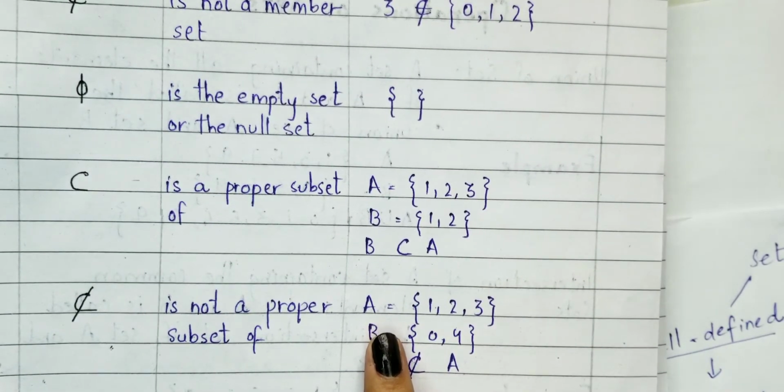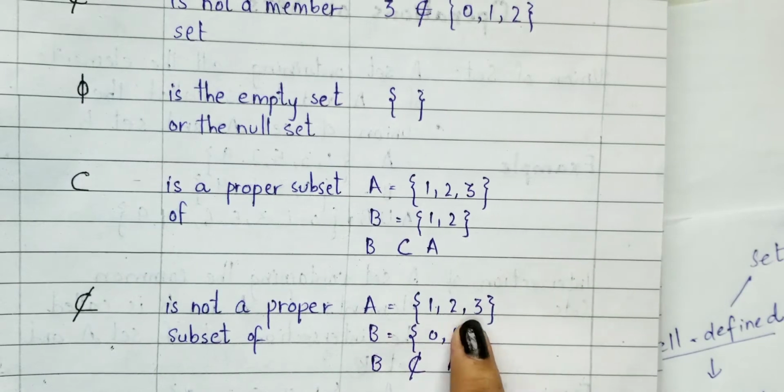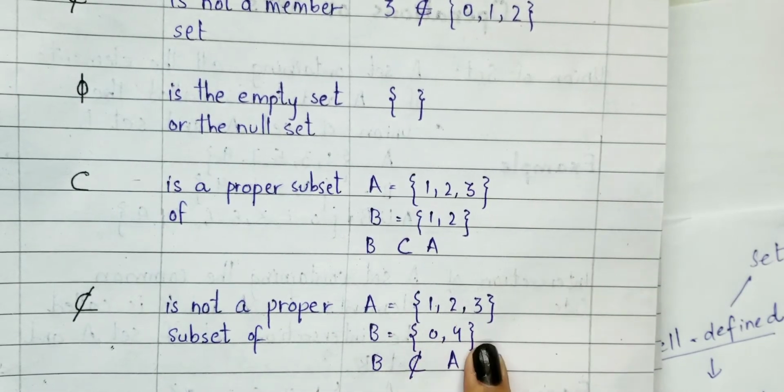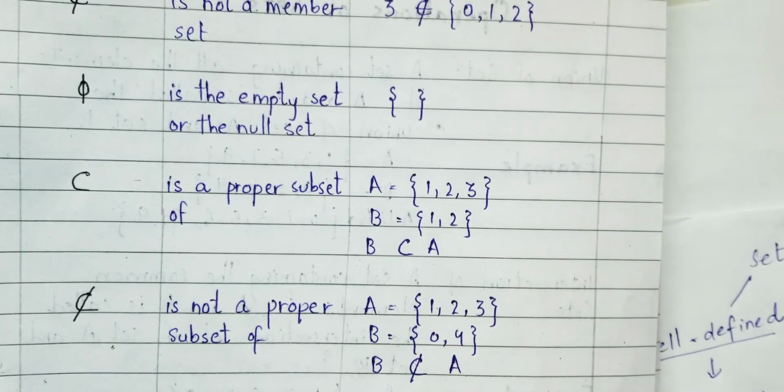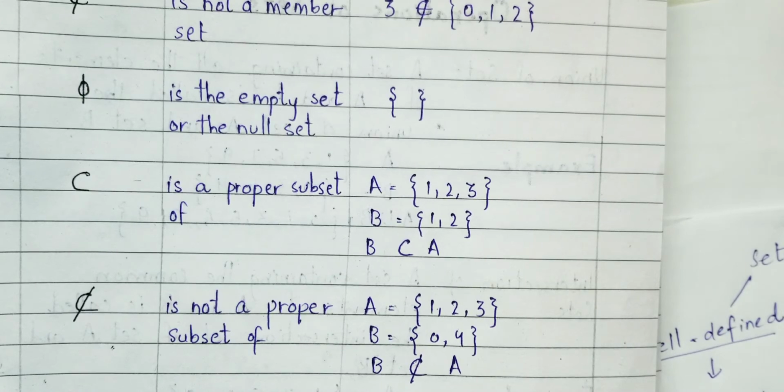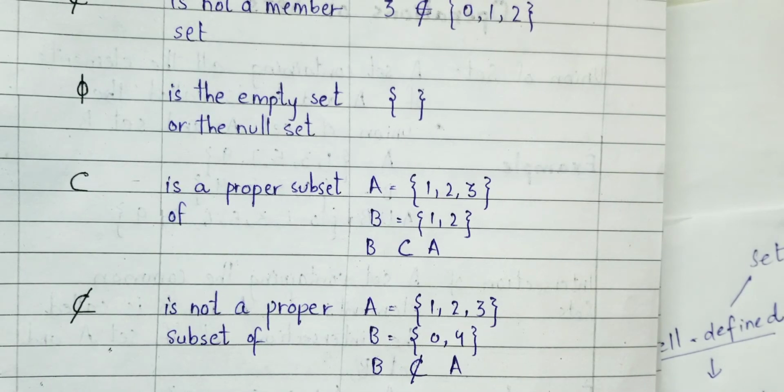In this example, A is equal to {1, 2, 3} and B is equal to {0, 4}. So B is not a proper subset of A. If all the elements belong to set A, then we call it a proper subset of. If they do not belong, then you will say that it is an improper subset.